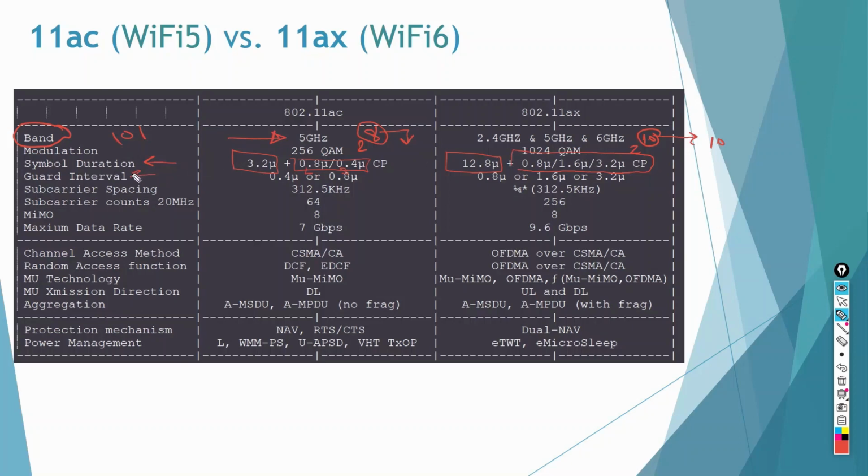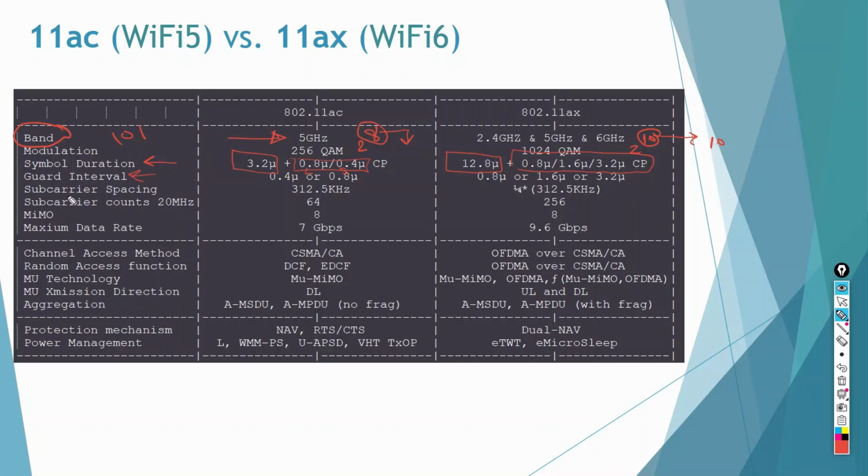Now, the guard interval is the period of time that is inserted between symbol transmissions in order to defend against multipath interference as well as inter-symbol interference. The numbers used for the guard intervals in 11AC differ from those in 11AX.